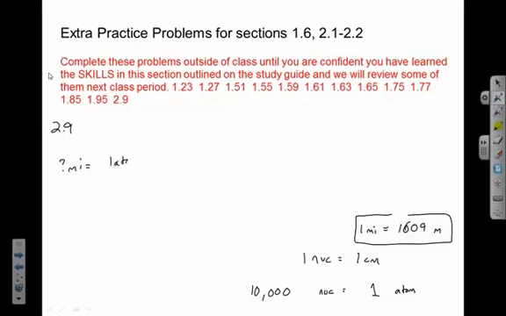One atom over 10,000 nuclei. Sometimes if you're not sure what to put in, you can just put in relationships and use some trial and error and see if it gives you the units you want in the end. You might want to start it that way.